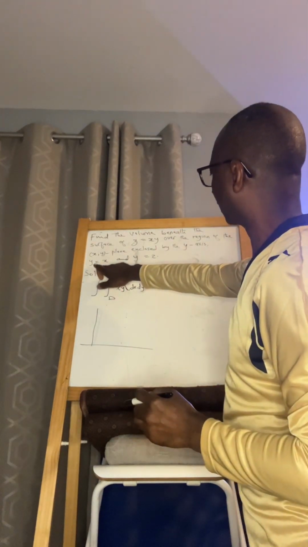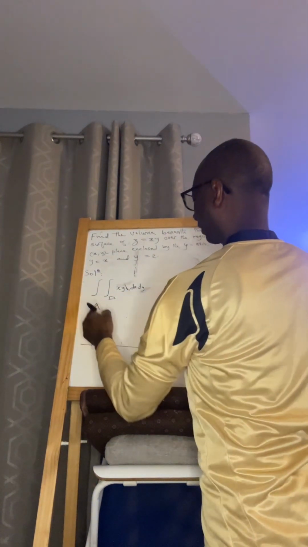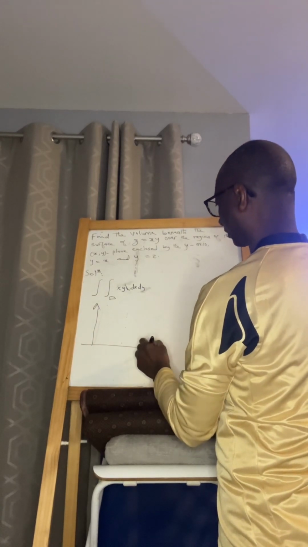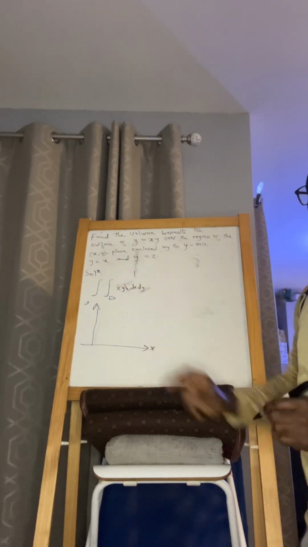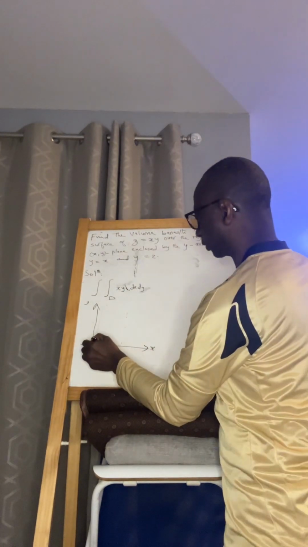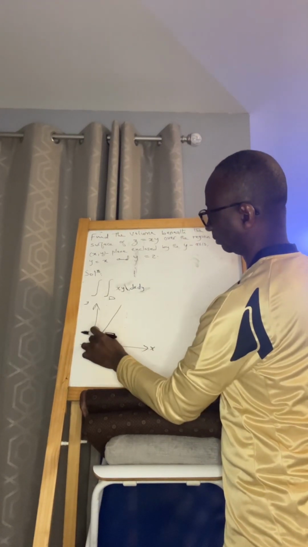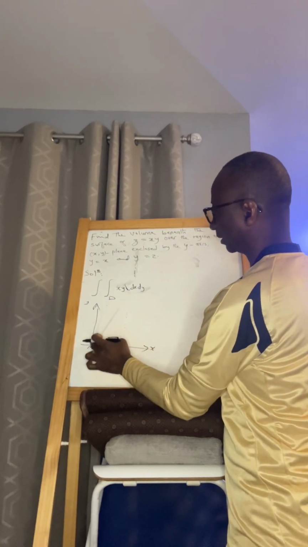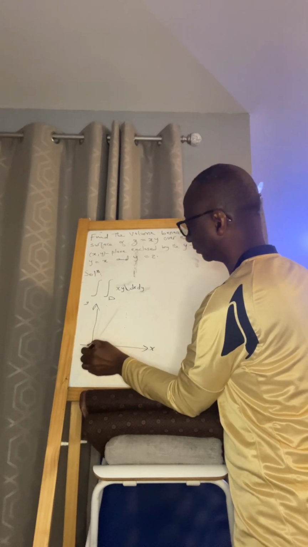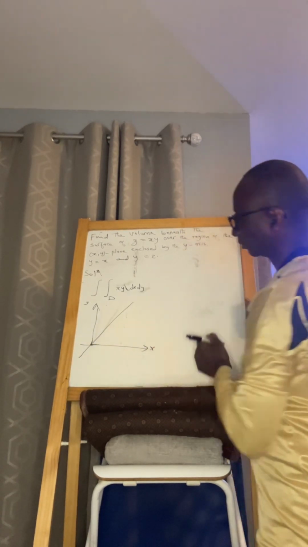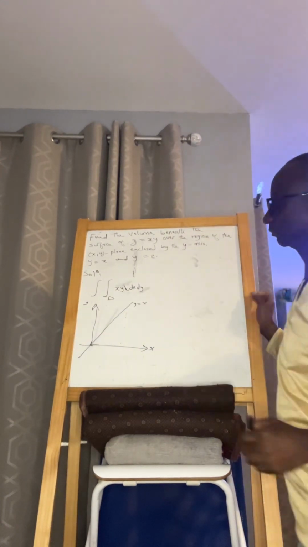If this is our y-axis, this is our x-axis. And we are told y equals x. We all know that this goes through the origin. It's just a straight line that goes through the origin at 45 degrees on the xy coordinates. This line here, this is y equals x.